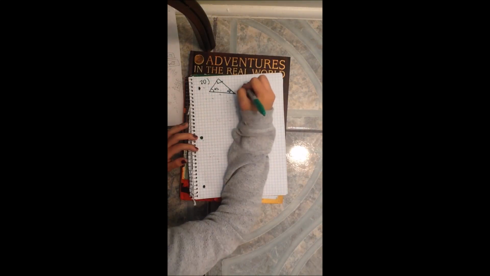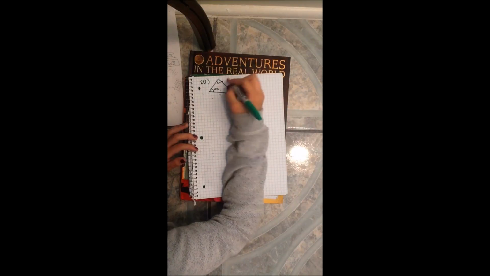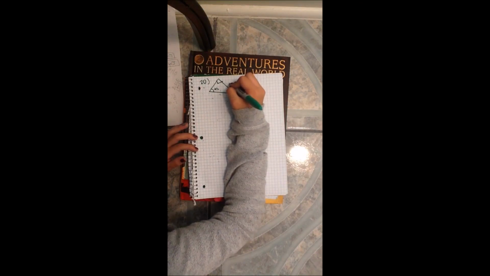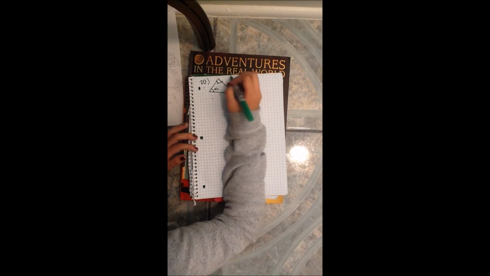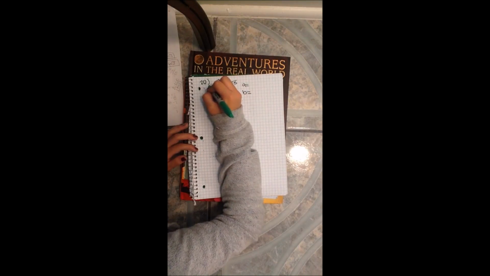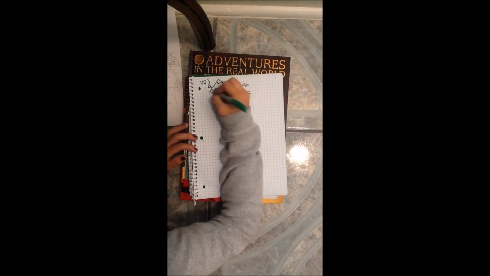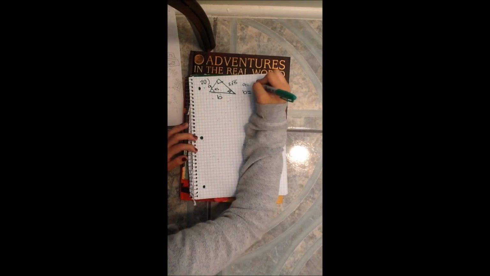So I have to find A and B. Now I'm given one of the 45 angles, so 2 square root of 5. And these two are always the same because they're both 45. And A is over here and B is over here. So since they're both equal, A would have to equal 2 square root of 5.